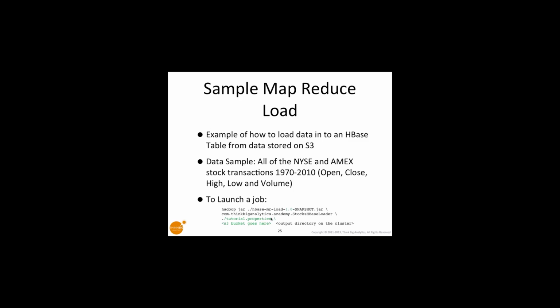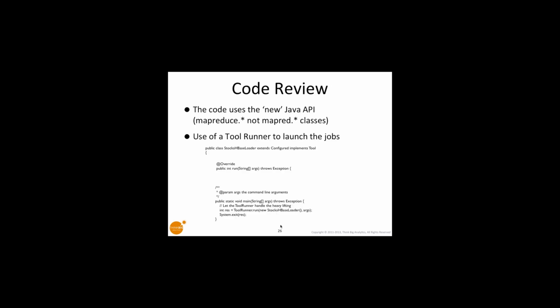One of the parameters for that jar is a tutorial properties file so that we can specify information that's cluster specific. At the same time, we specify where we're reading the data from, the input directory, which is the S3 bucket, and then the output directory on the cluster, which really just has some output job data if it exists.